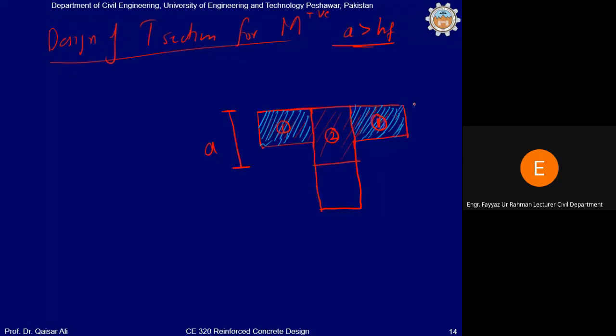अच्छा, इसमें अगर आप देखें, this area is known to you in advance because you know the thickness of the slab hf, and you also know the effective width of the beam. So can you calculate the area 1 from this? आप कैलकुलेट कर सकते हैं कि नहीं?